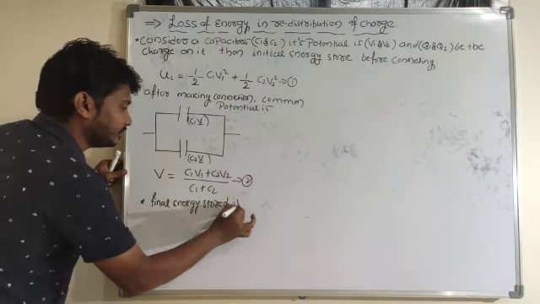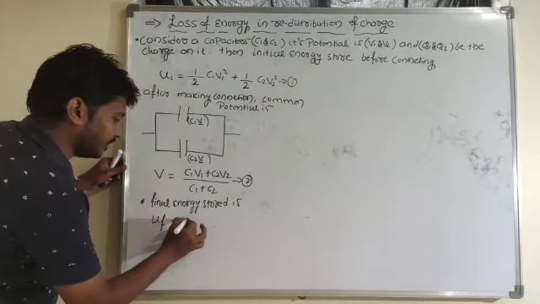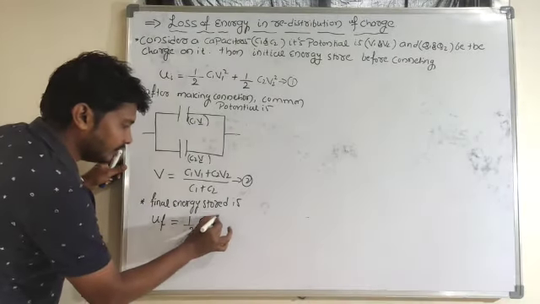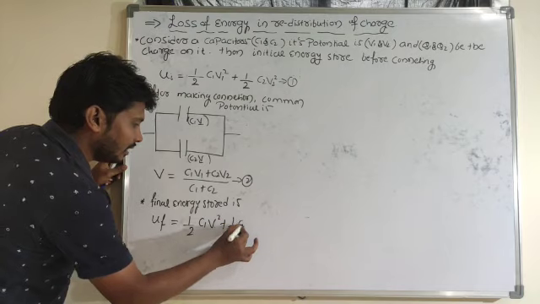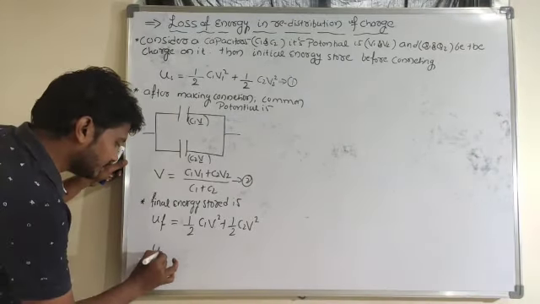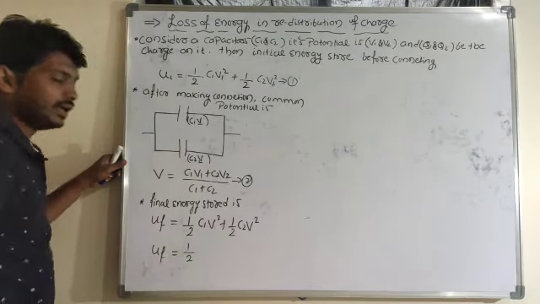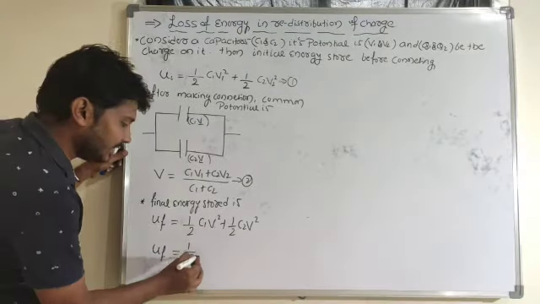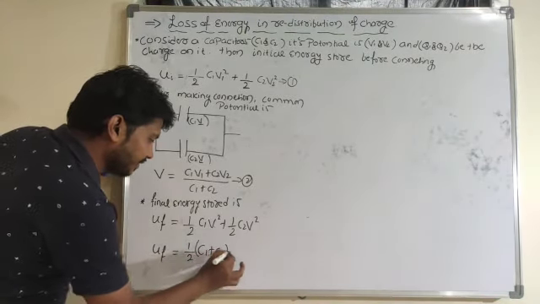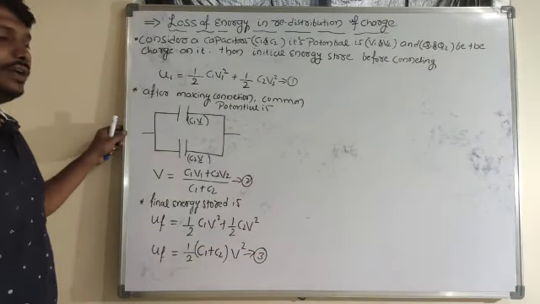U_f is equal to half of C1 into V square plus half of C2 into V square, as it attains a common potential. So U_f is equal to, shall I take V square as the common factor here, half of (C1 plus C2) into V square. Let me take this as equation 3.